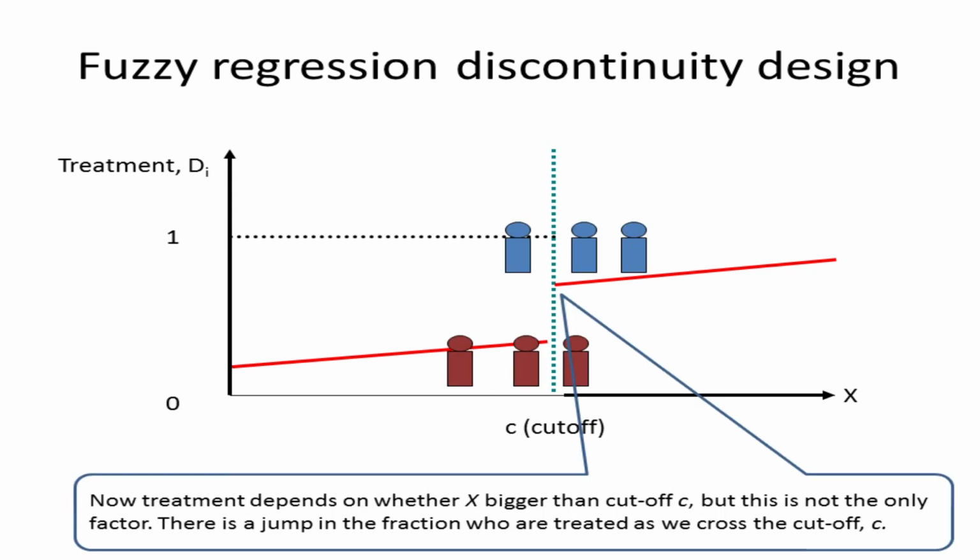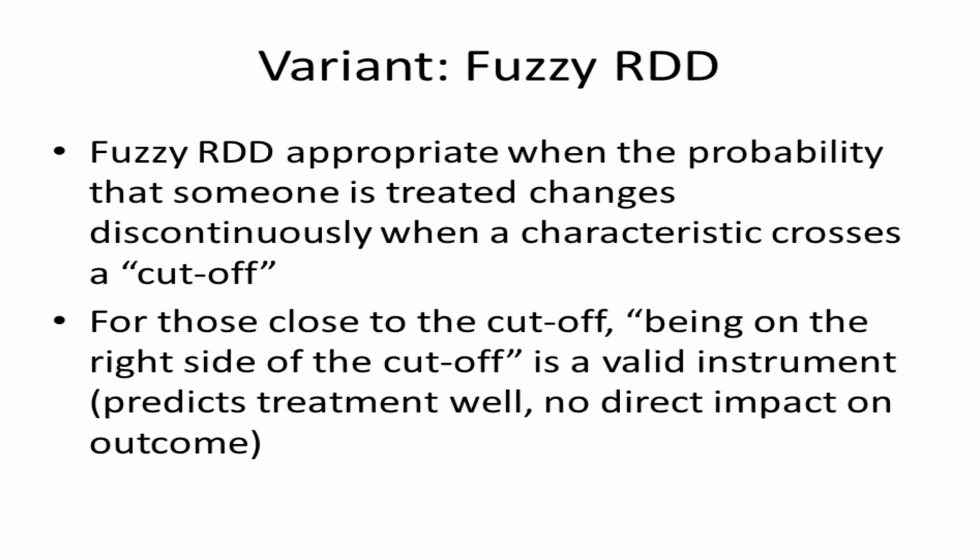I'm not going to go through that. This one gets a bit harder to explain intuitively, and I have to use statistical jargon. But if you're in this situation, then essentially you have an instrument, a valid instrumental variable. Being on the right side of the cutoff turns out to be a valid instrumental variable, which you can then use. What do we mean by an instrumental variable?